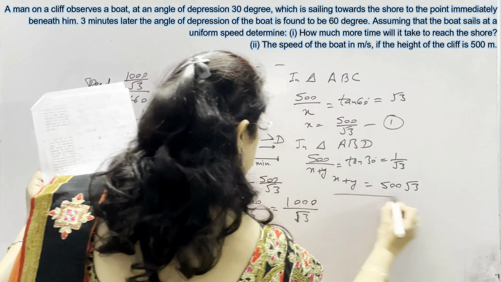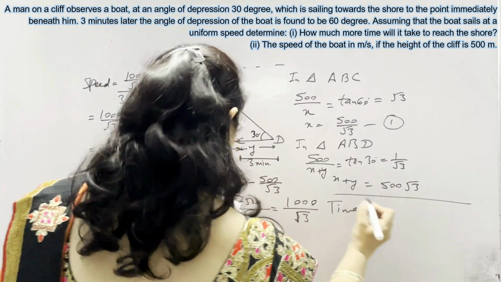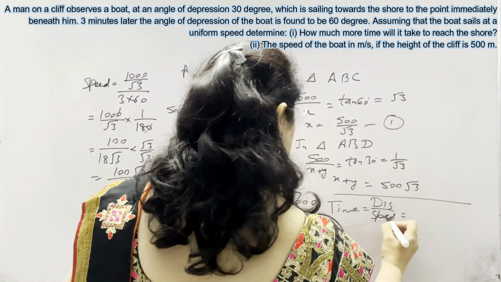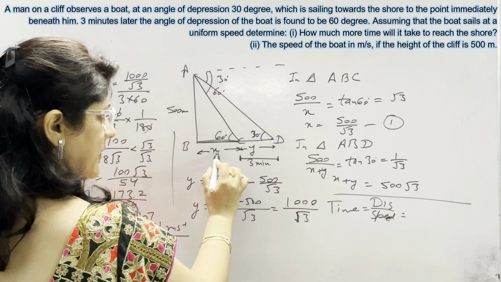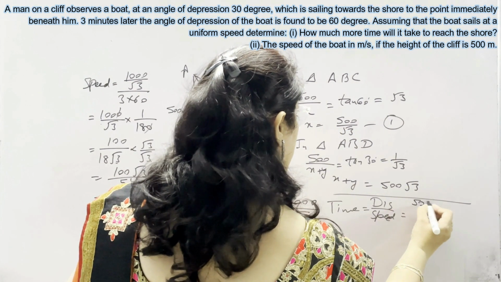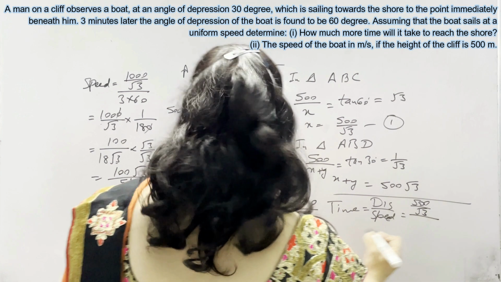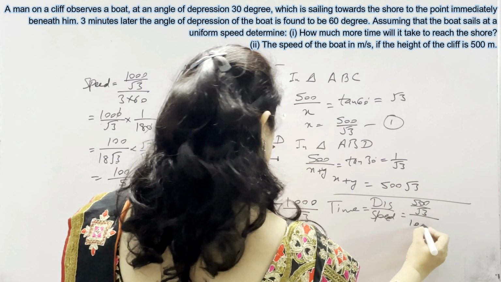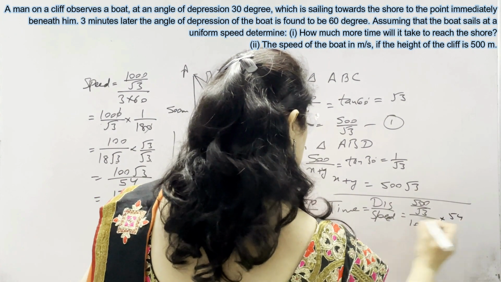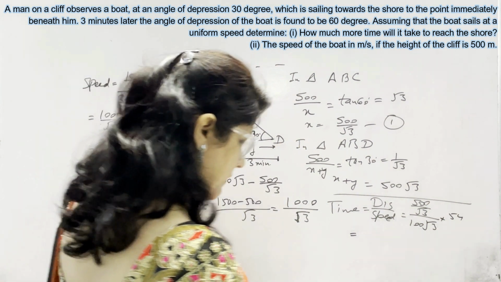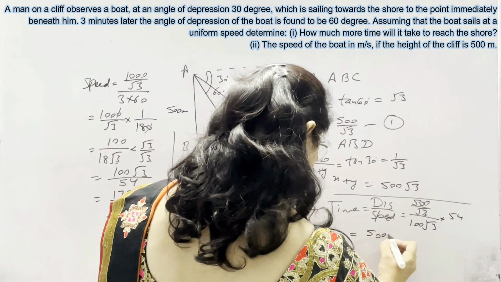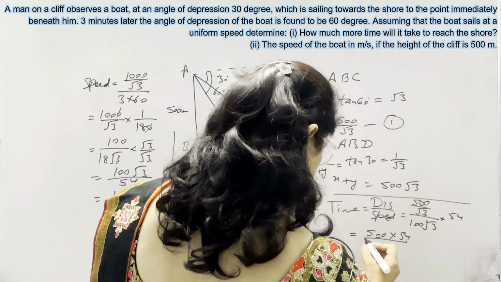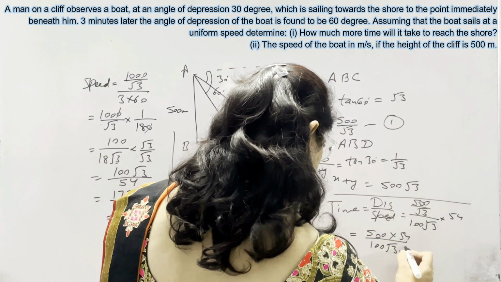Now we know that time is equal to distance upon speed and this distance is x and x we have calculated 500 upon under root 3 and the speed we can take 100 under root 3 into 54 and after calculation its value comes out to be 500 into 54 upon both under root 3 and 100 under root 3 and under root 3.